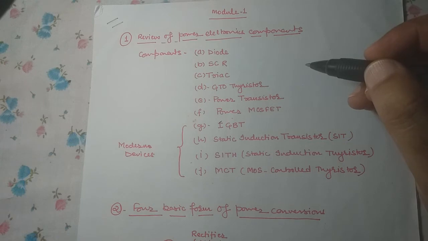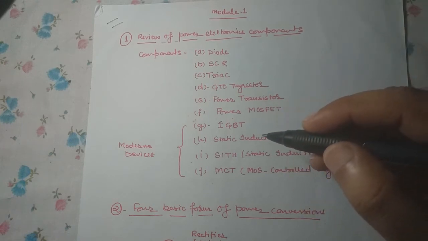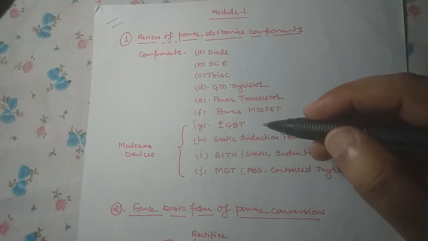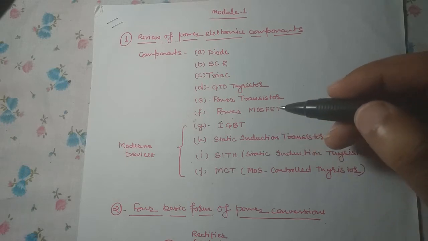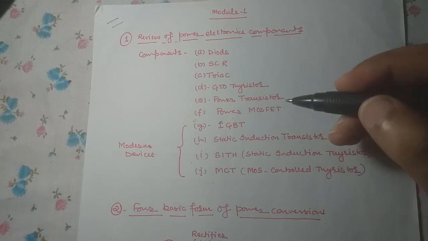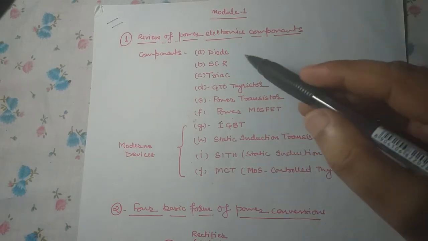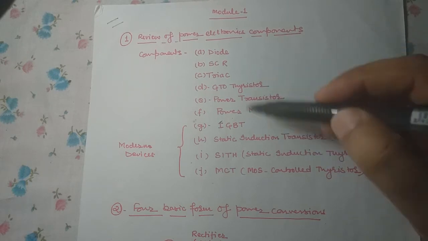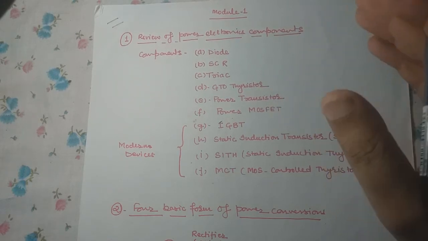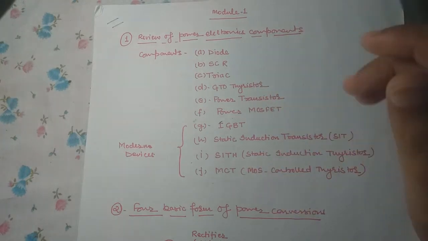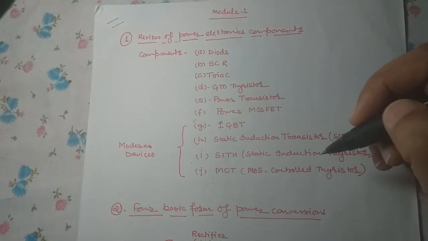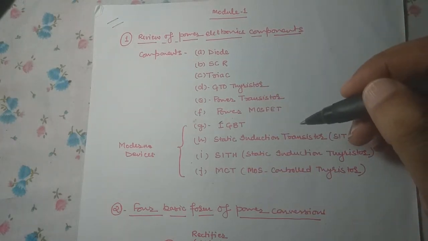Most of the time we call them static power electronic devices. They are called static because these components work as a switch without any mechanical movement in them.